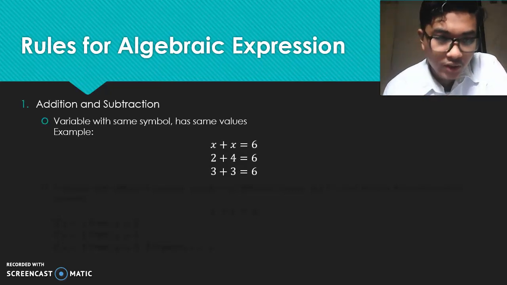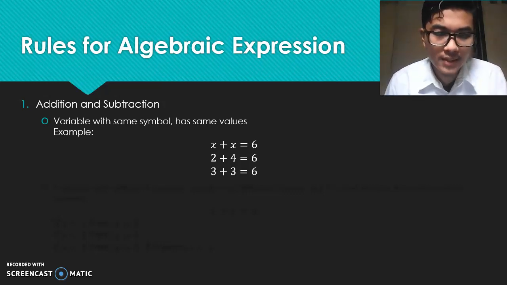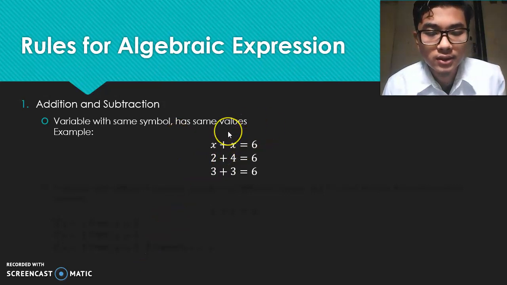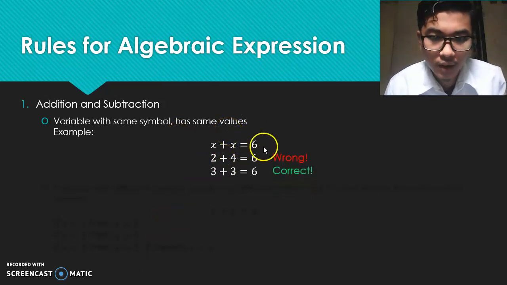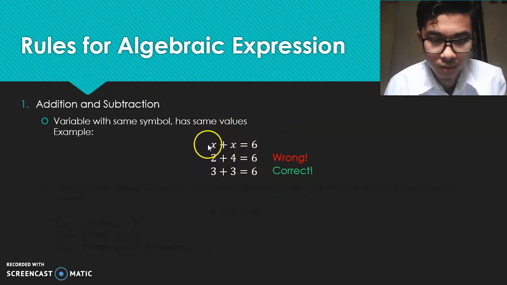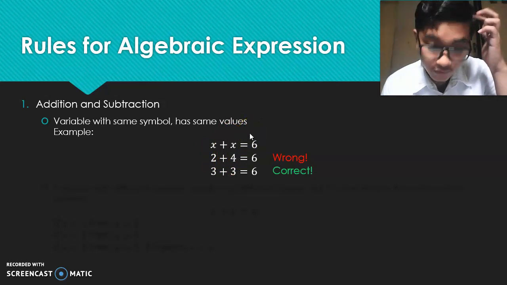In addition and subtraction, rule number one is that variables with the same symbol have the same values. For example, x plus x equals 6. This is 2 plus 4 is 6. The equation is right, but the symbol is wrong. When you say x is 2 and then x is 4, it's confusing.